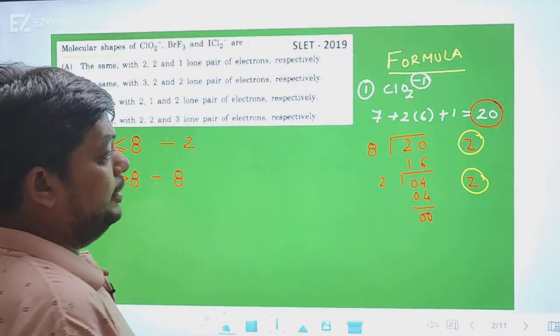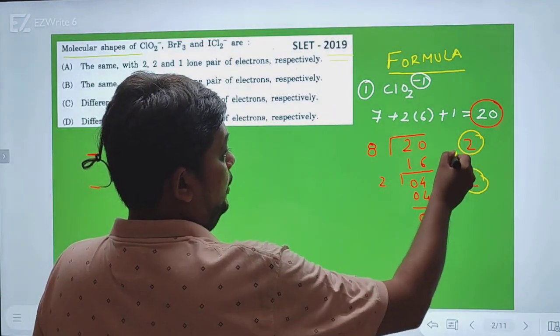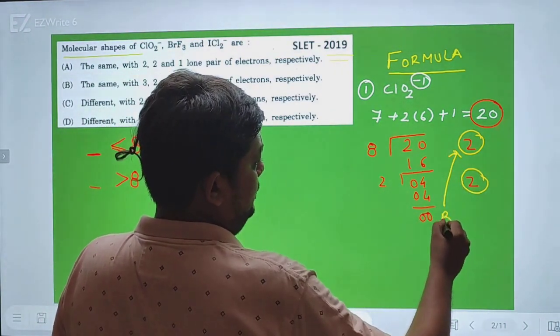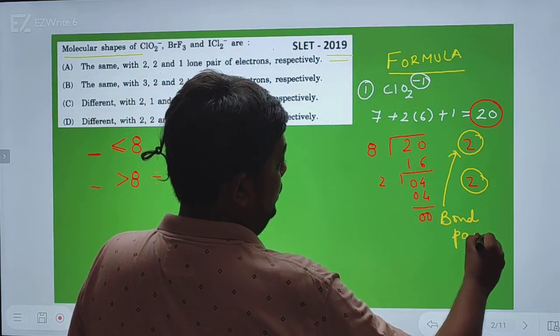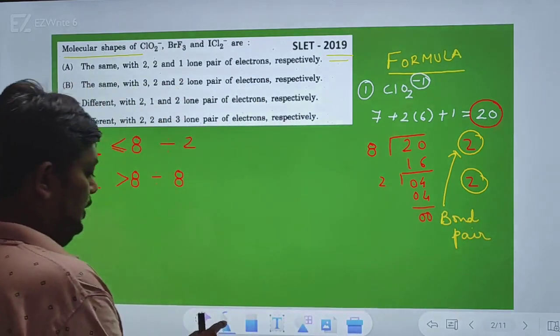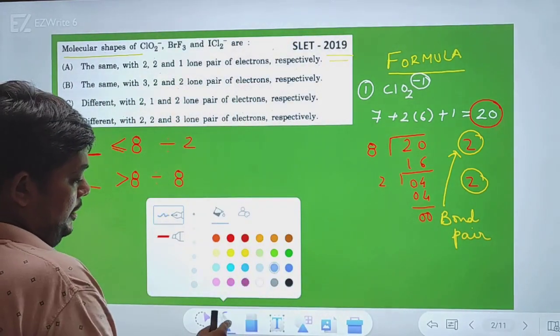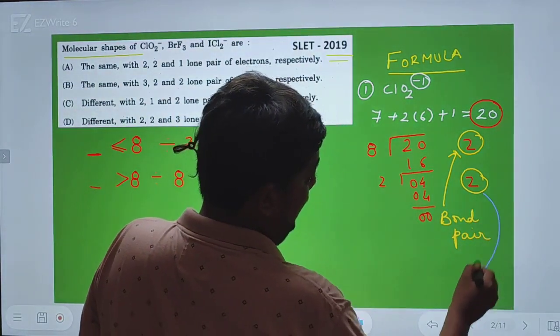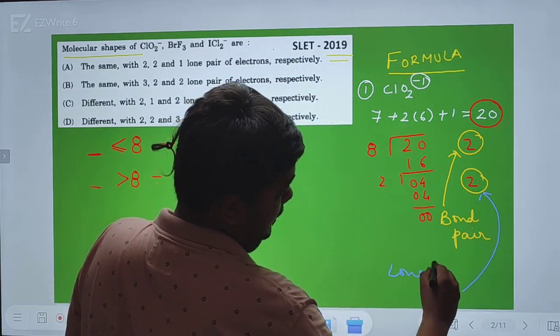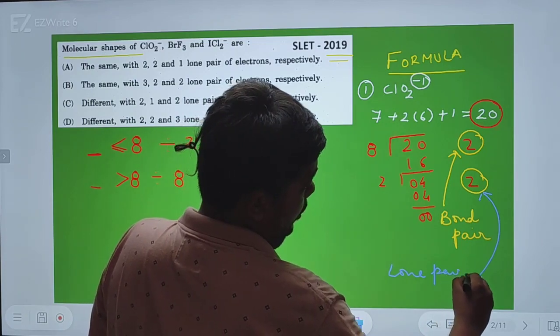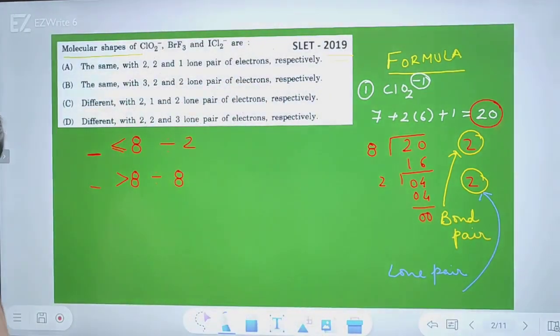Always remember, there will be no change at all apart from a few exceptions. The first number will always give you the bond pair of electrons, and the second number will always give us the lone pair of electrons.